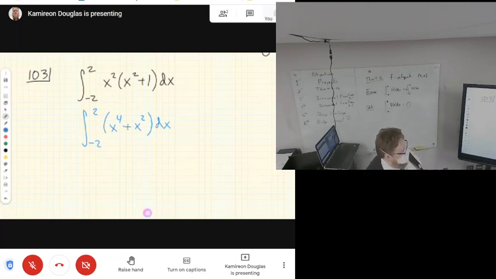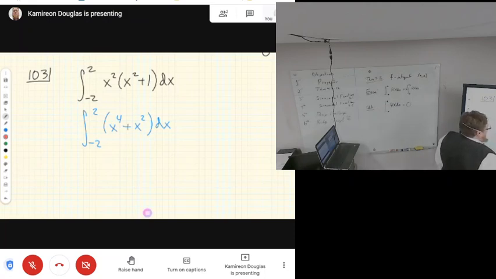Alright, let's integrate. What is the integral of x to the fourth plus x squared? 1/5 x to the 5th plus 1/3 x to the 3rd, evaluated from -2 to 2.